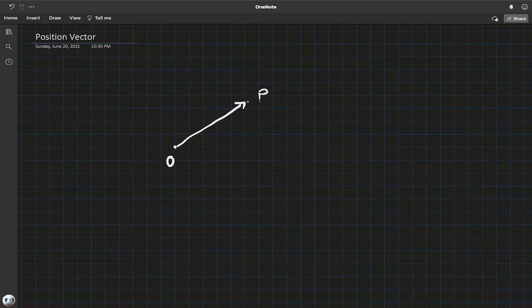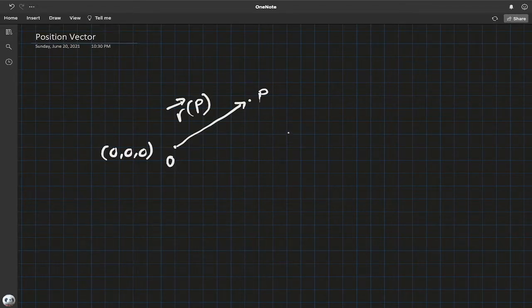So take a point P and say you have the origin here. And we're working in R3, so the origin is 0, 0, 0. So the position vector is a vector that originates at the origin and terminates at the specific point. So this is the position vector of point P.